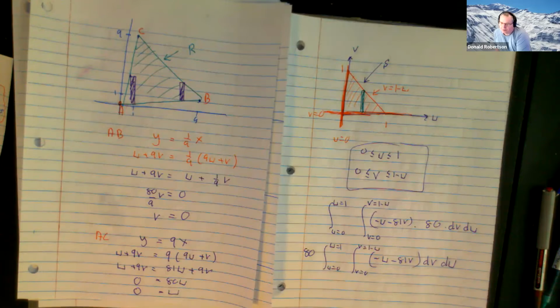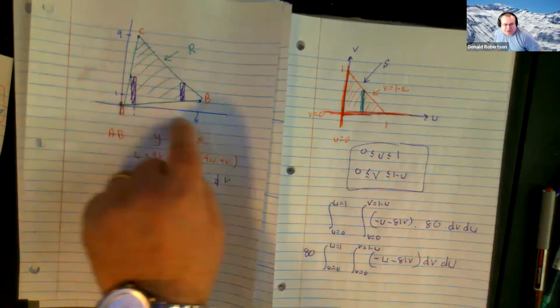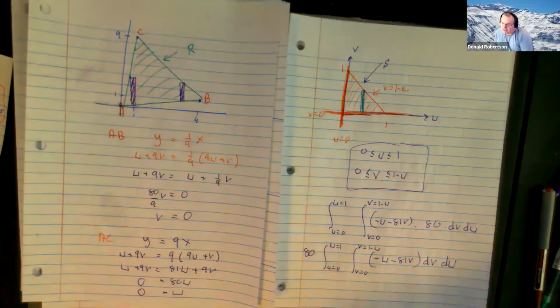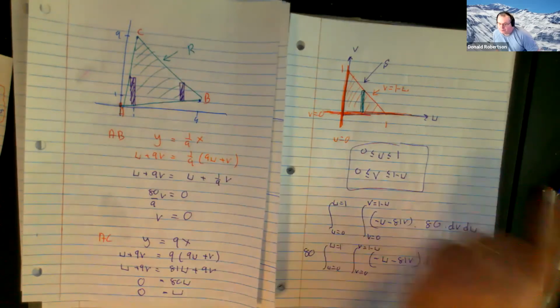And I think you'd probably end up having such a horrible integral it might not even be doable. So sometimes you do a change in variable because the integration is just impossible. Sometimes you do it because you cannot find, in terms of x and y at least, limits of integration that would work. So this triangle works.